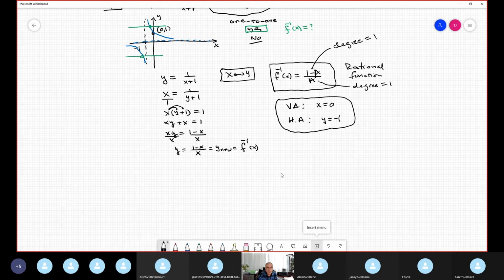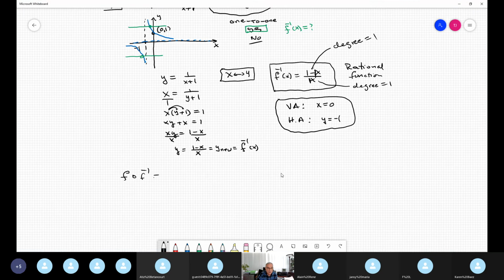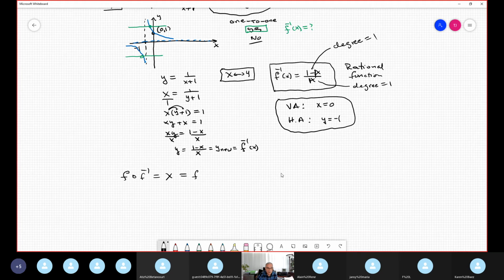Okay, I want to verify if F composition F inverse is identity or no, and in different order, like that or like that. Okay, let me copy. The original was 1 over x plus 1. The inverse that we found, okay, need to check, is 1 minus x over x. Okay? I need to verify.